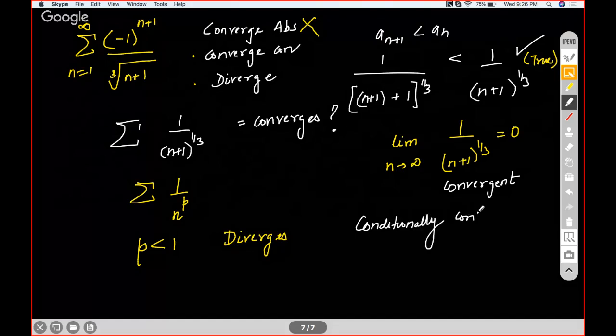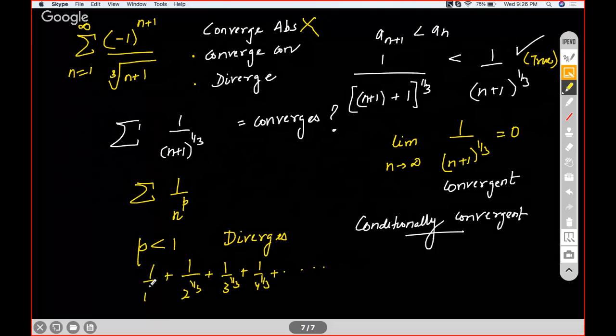But this is 1 by (n plus 1) to the power p, right? So we just say that because 1 by n to the power p is divergent and that's a lesser function, therefore that's also divergent. No, again, see, if you start putting n value as 1, you get the first term like this, second term like this, third term like this, and so on. Do you recall the theorem where I said that even if you exclude or include certain terms, it doesn't change the nature of the series? So you exclude the first term and it becomes 1 by n.